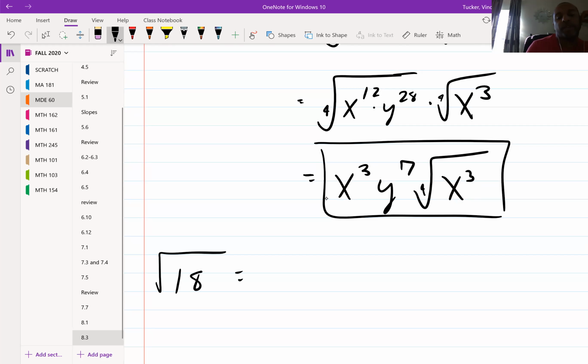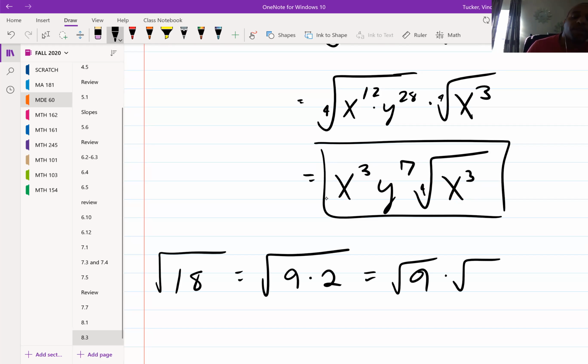Can I take the square root of 18 evenly? No, but I can break it up into numbers and use a number that I can take the square root of. Look at the factors of 18. I can break it up into 9 times 2. I'm using 9 times 2 because 9 is a perfect square. Square root of 9 is 3. And then you leave the 2 under the radical.